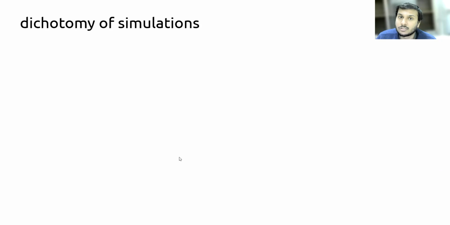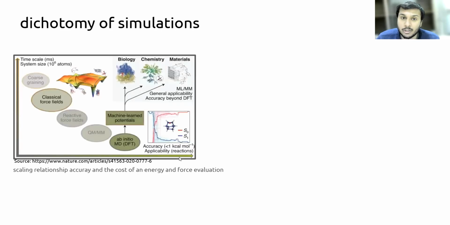All right. So now let's get back to simulations and start with the dichotomy, which will motivate why we need machine learning potentials. You may all have seen this plot where you have the size of the system that you can treat on one axis and the accuracy on the other.